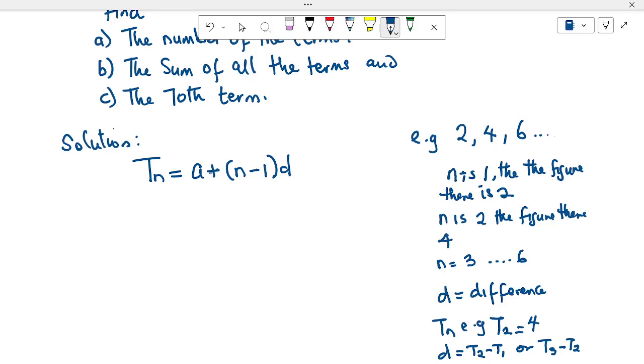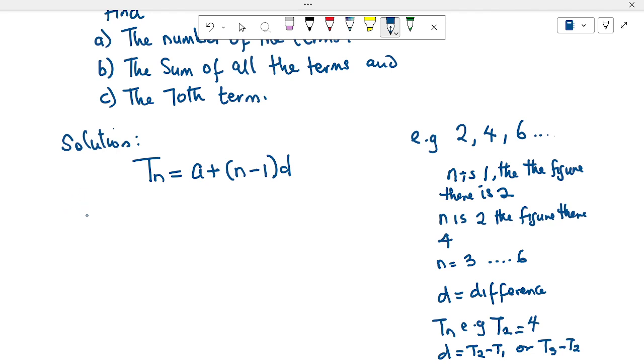N is the position you are looking for. It can be the first, the second, third, and D is the difference. So write out the formula for this. In the competition, just writing out that formula attracted 1 point in that solution. So don't forget.